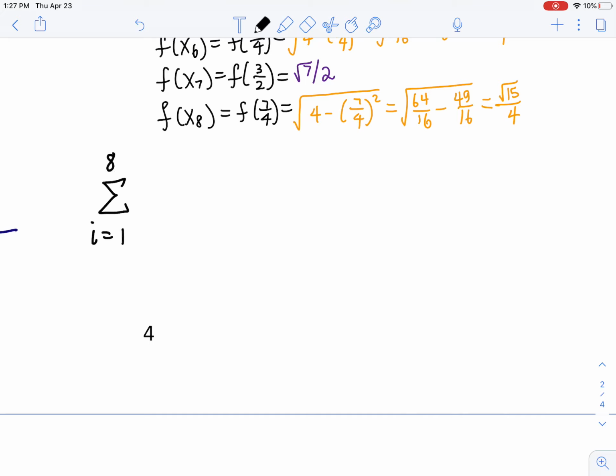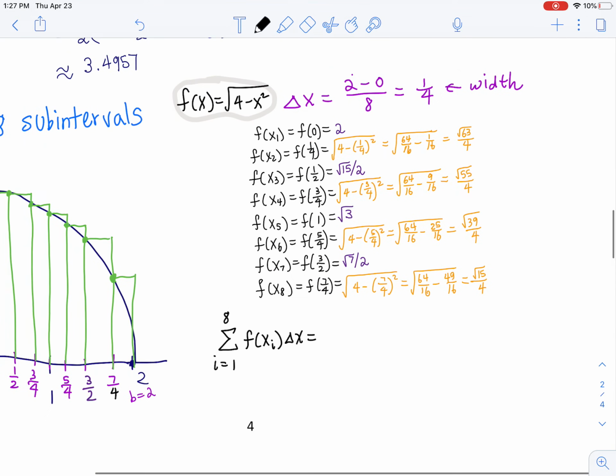All right, so let me minimize this one a little bit. All right, so let's write down the area. The area, the Riemann sum, starts from i equals 0 all the way up to 8 because we had 8 subintervals, we had 8 rectangles, and our f of x, I'm going to say f of xi times delta x.